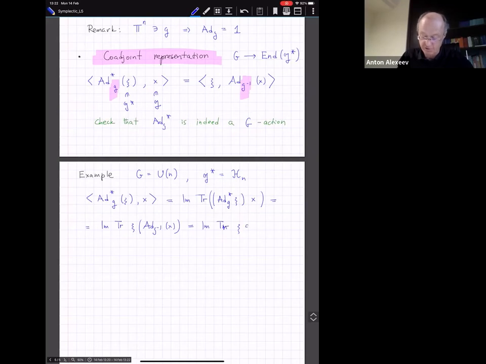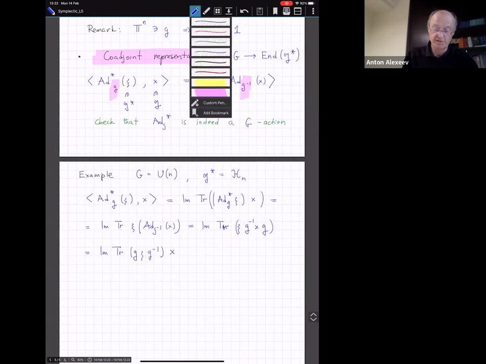So this is g minus 1 X g. Now, under the trace, we can change the order. And this is the imaginary part of the trace of g psi g minus 1 times X. Okay, that sounds good. So now we can simply identify things.